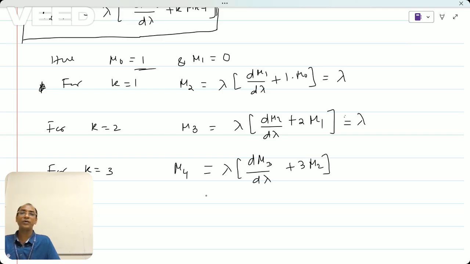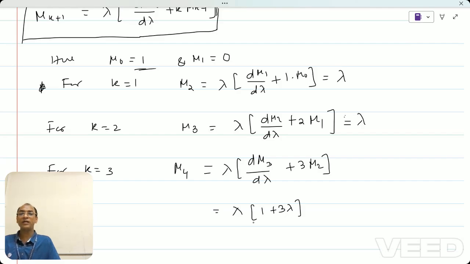Mu 3 is lambda, so its derivative is 1, and mu 2 is also lambda, so 3 lambda. Like that we can find the recurrence relation for the central moments of a Poisson variate X.